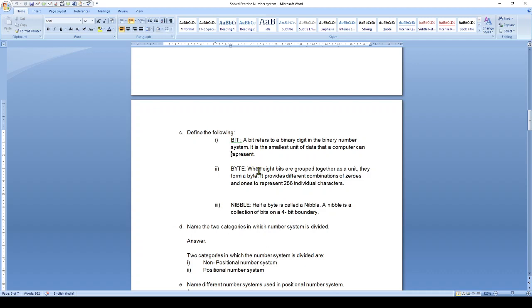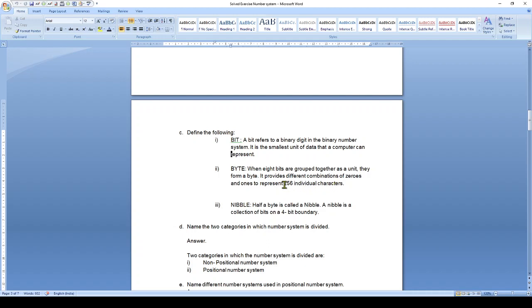Byte: when 8 bits are grouped together, zeros and ones, like 8 zeros or 8 ones or a combination of them, grouped together as a unit, they form a byte. It provides different combinations of zeros and ones to represent 256 individual characters.